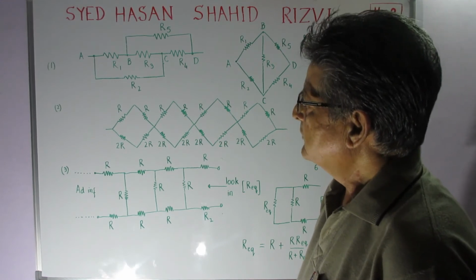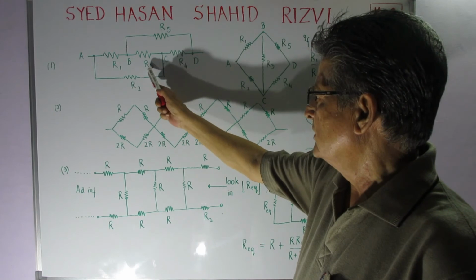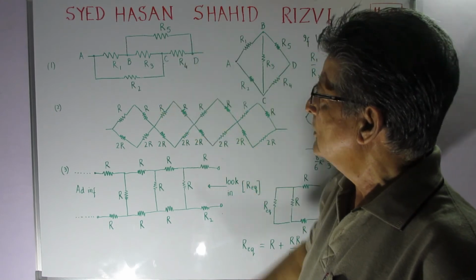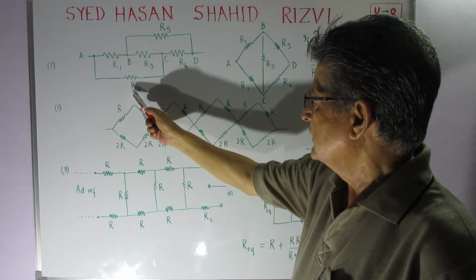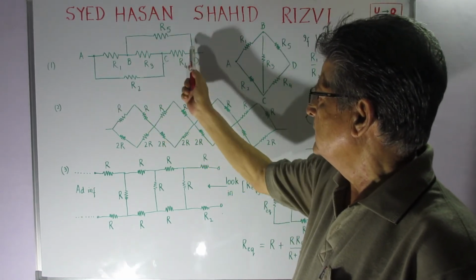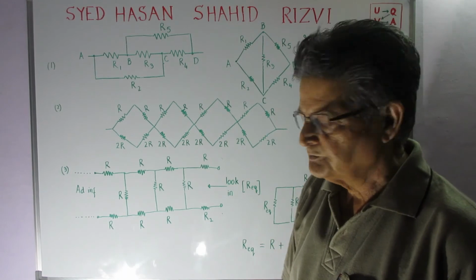To remove that confusion, I have these three resistances R1, R3 and R4, and between points A and C we have a resistance R2, and between B and D there is a resistance R5.